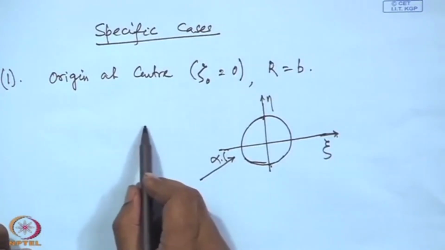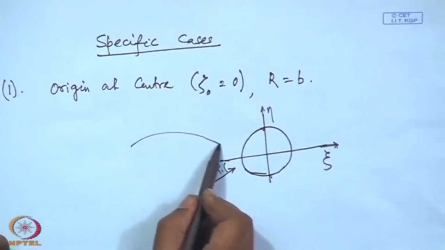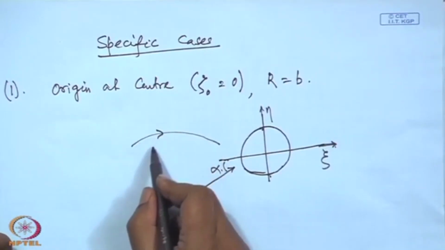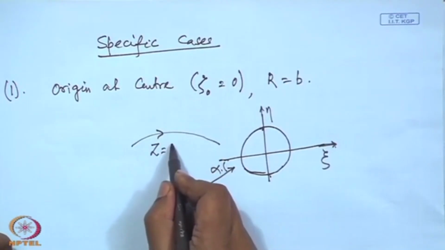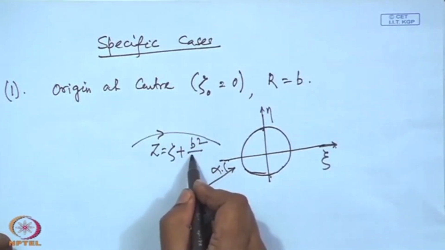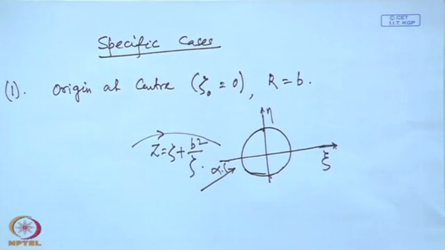Now, what will be the transformed geometry? What is the transformed geometry?